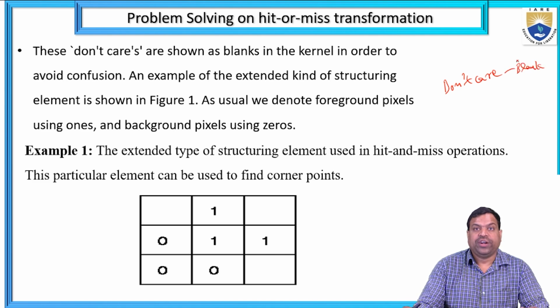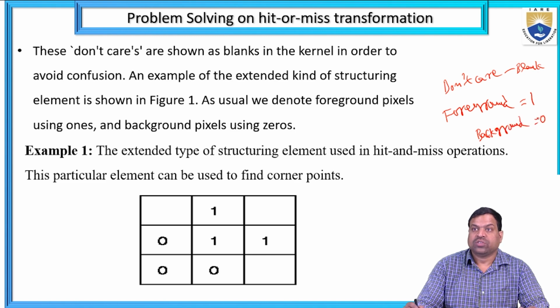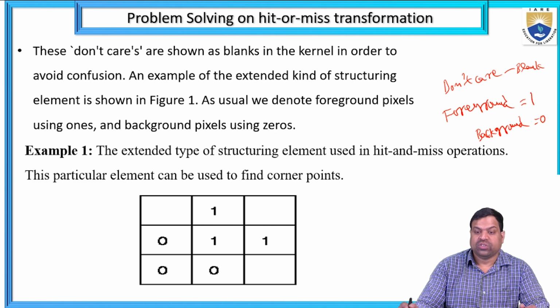In order to avoid confusion, an example of the extended kind of structuring element is shown in figure 1 below. As usual, we denote foreground pixels using ones and background pixels using zeros. Okay, already we know from the previous sessions, foreground I'm taking as a 1, background I'm taking as a 0. So foreground equal to 1, background equal to 0.